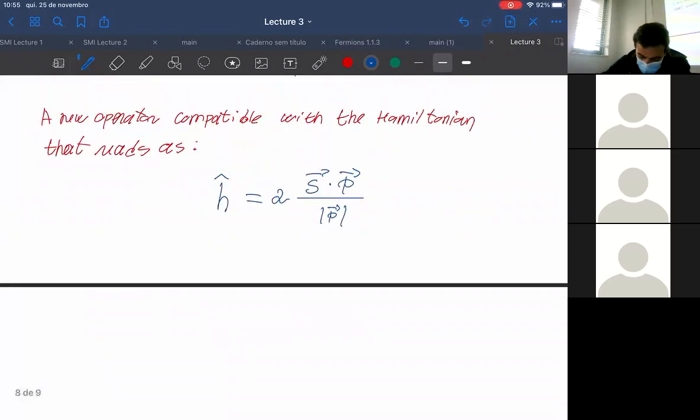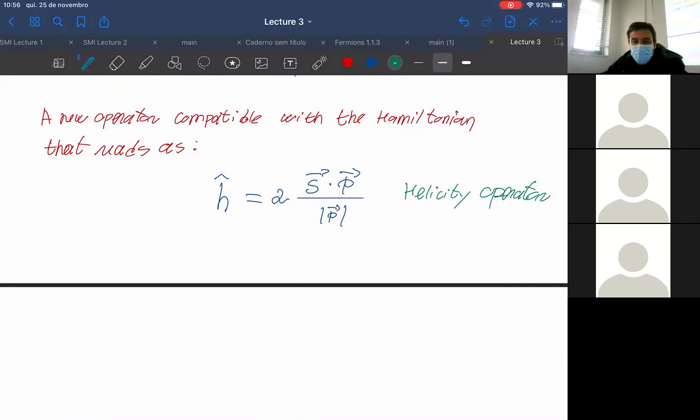This is the helicity. This operator is called the helicity operator. And this represents the projection of the spin along the momentum direction.